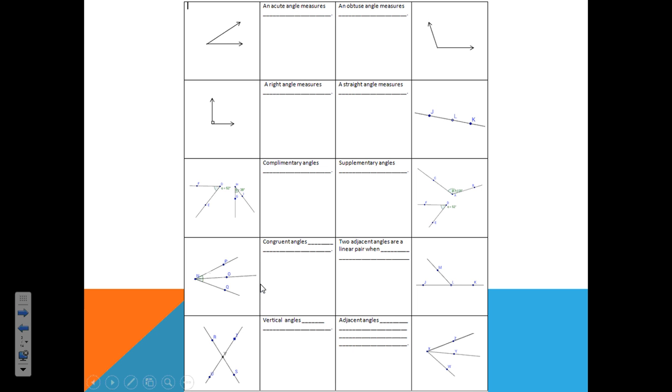Everybody got it folded properly? So you'll be able to see acute, obtuse, right, and straight on the outside. And when you open it up, we're going to talk about the inside.